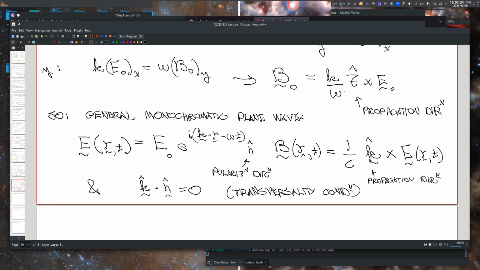And for a given direction and polarization, I still have a lot of choices, because the only constraint that I have is that omega has to be c times k. I can choose the omega, I get different k's for a given direction. So the space of possible electromagnetic fields is given by this kind of multiple infinity of choosing the direction, then choosing the polarization, then choosing the actual length of your k.